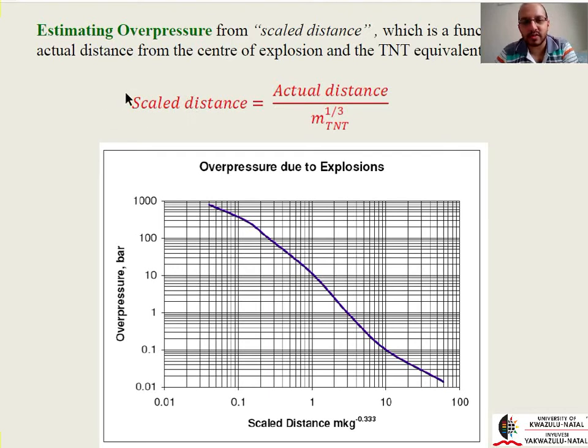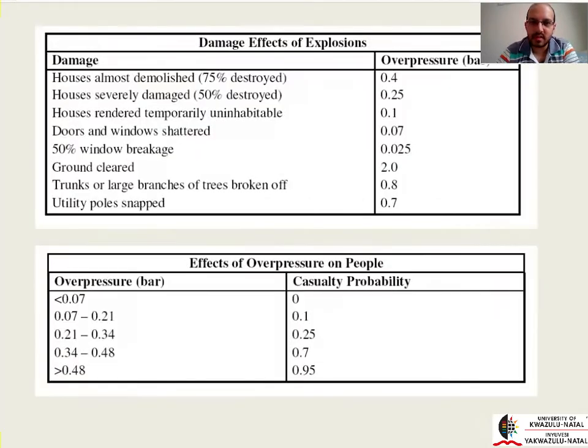Okay, so you use this equation here. Your scaled distance is equal to the actual distance divided by your equivalent mass of TNT to the power 0.33. If you know your scaled distance, then you can find your overpressure, and then you can compare it to a table.